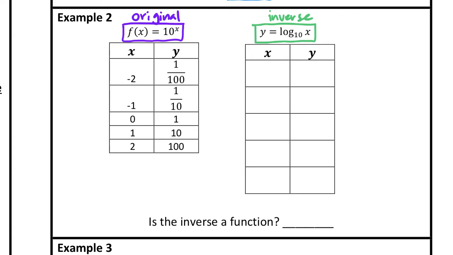To go from the original to the inverse, we need to swap the x's and the y's.